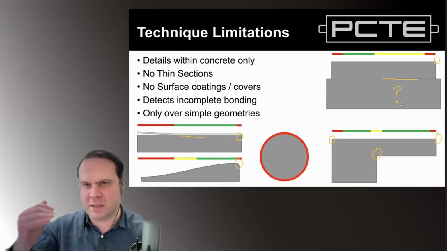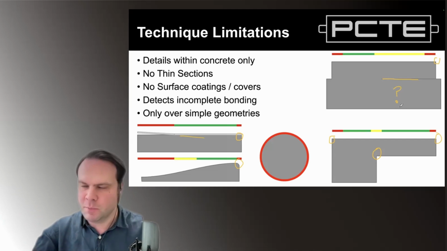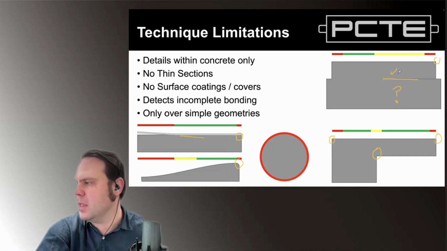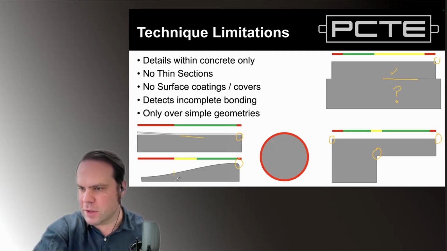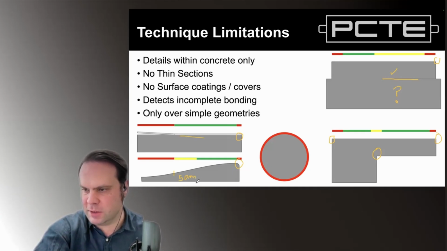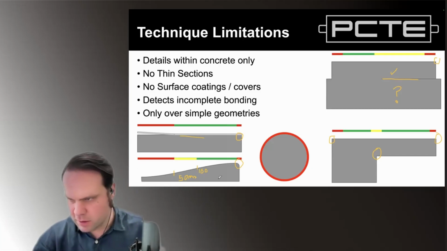We can't see through it, we can't see behind it, we don't see into it, we see what's happening up above that defect. And again, you've got that 50 millimeter limit for specialist and about 80 to 100 minimum thickness for general testing.